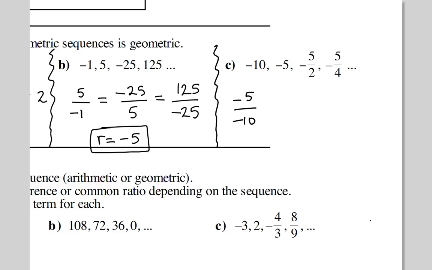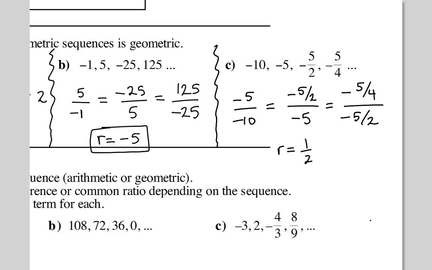Okay, and this should be the same as if we were to take -5/2 and divide it by the previous term, which is -5. And this should be the same as if you took the next term, -5/4, and divided that by -5/2. Okay, you should get the same value. And in this case, the R value is 1/2. And if you don't believe me, you can always double check on your calculator. So we're showing that these sequences are geometric. Okay.